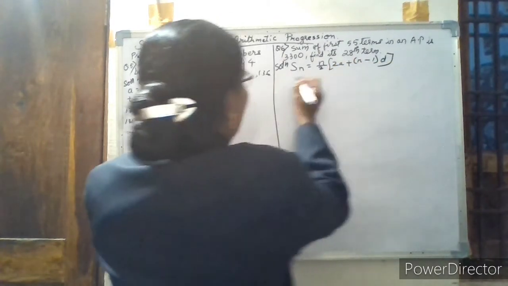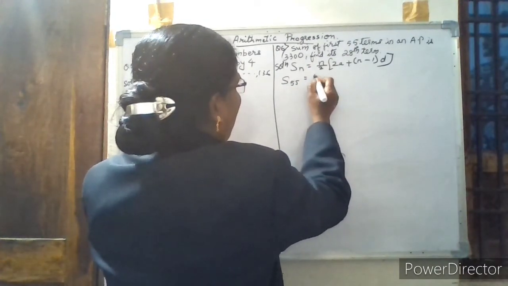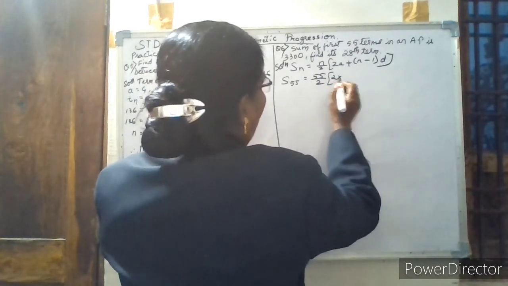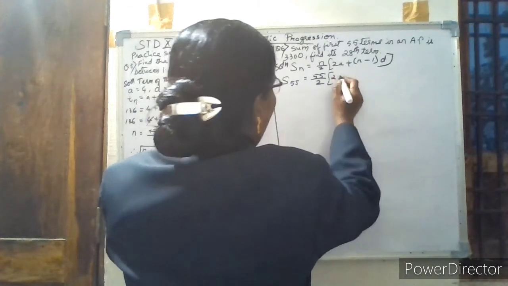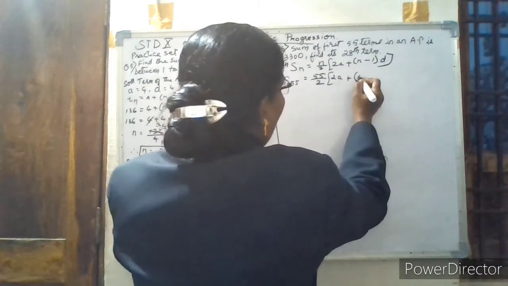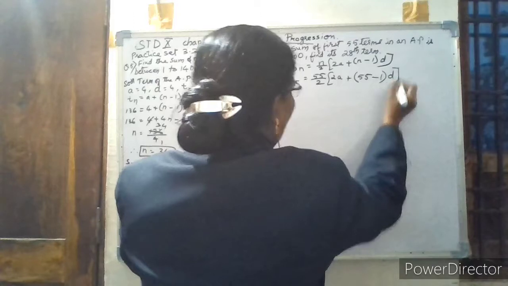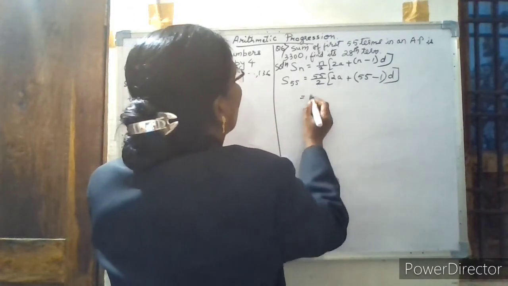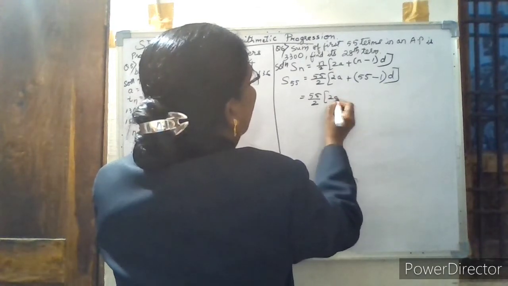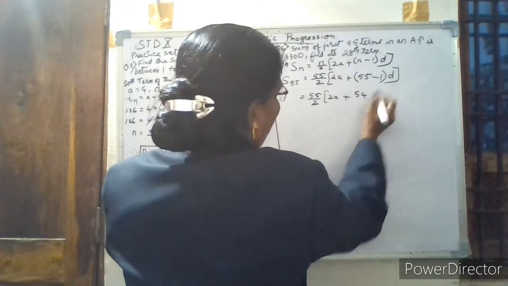So the sum of 55 terms is equal to 55 by 2 into 2a, a value we don't know, plus n value we know, 55 minus 1 into d, value also we don't know. So this is 55 by 2 as it is, into 2a plus 55 minus 1, which gives 54 into d.